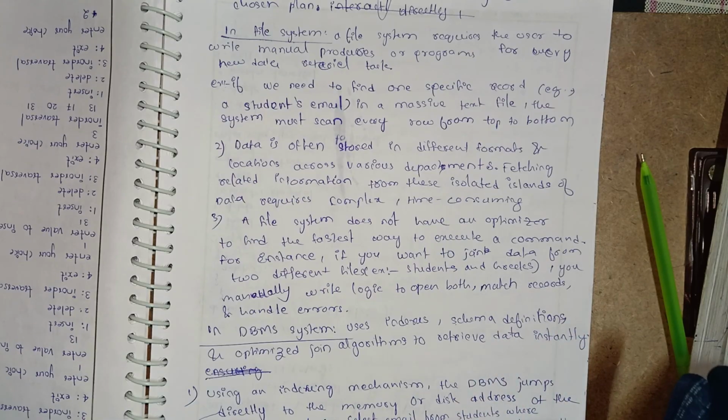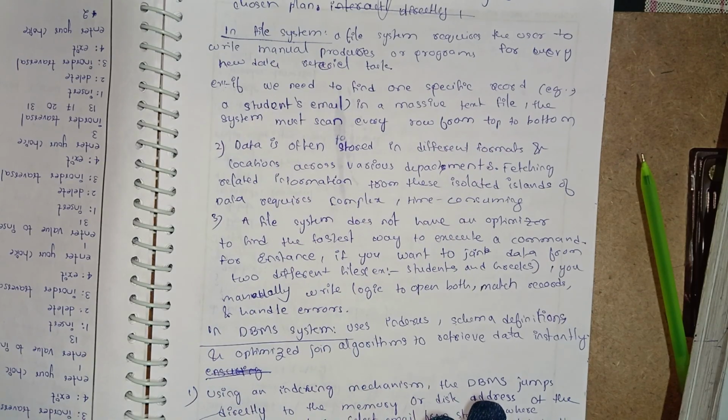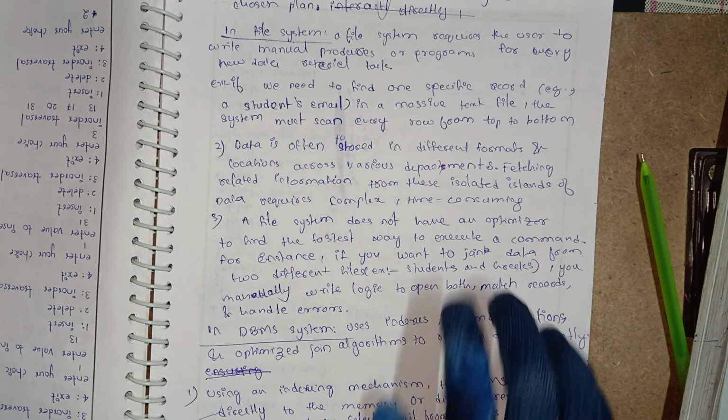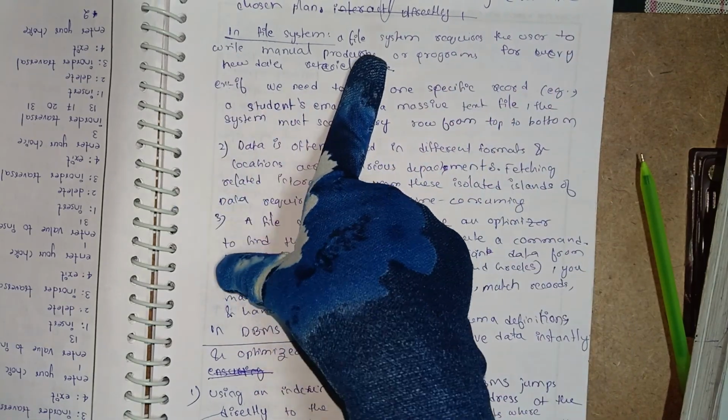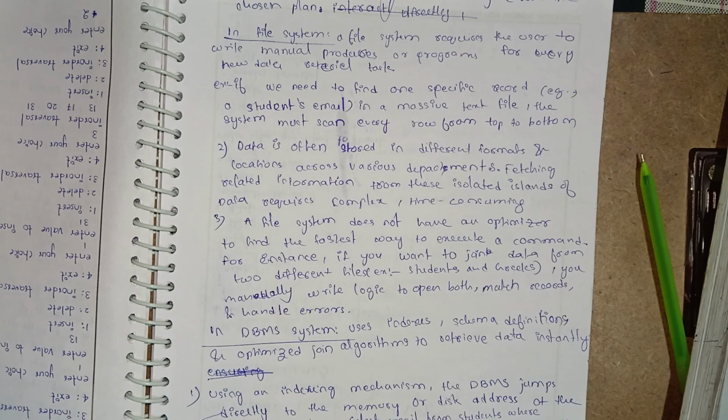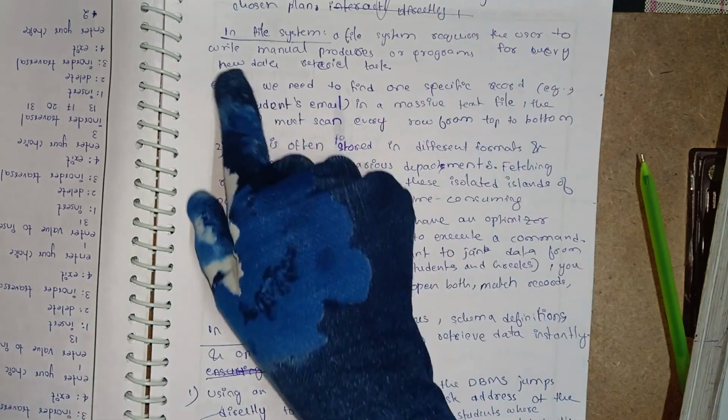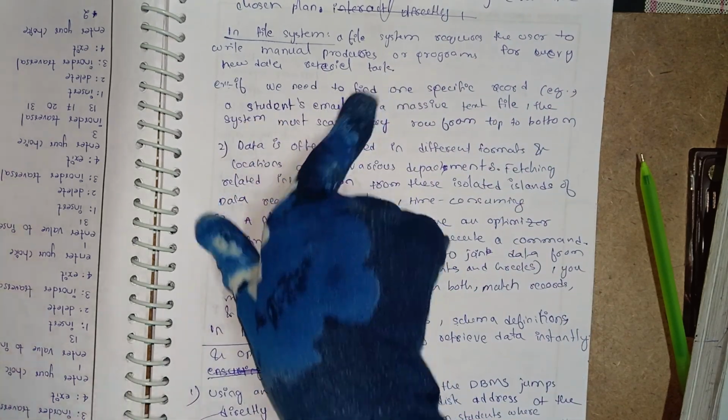It can be an image, a text file, an audio file or a video file. So it is totally different from one file to another, so it requires the user to write manual procedures or programs for every new data retrieval task.